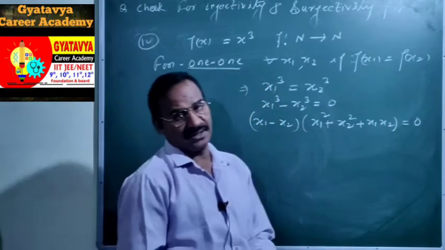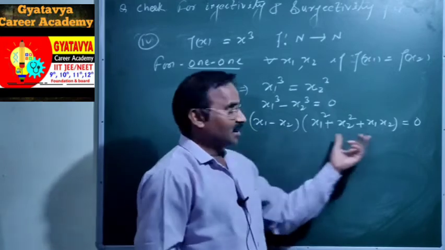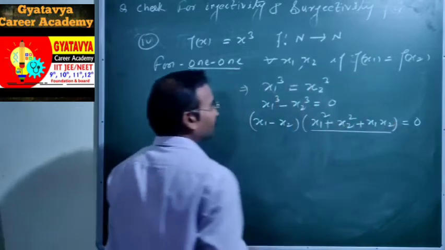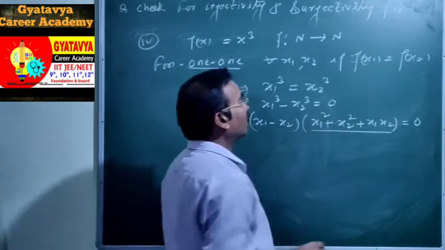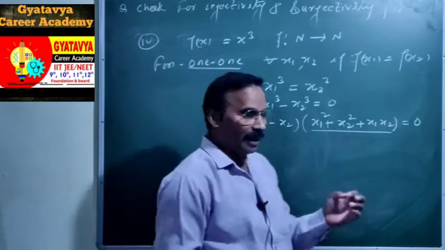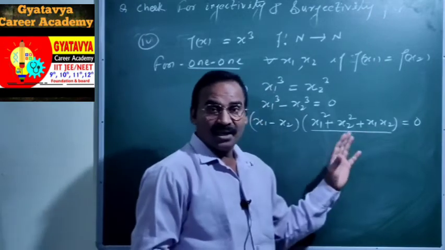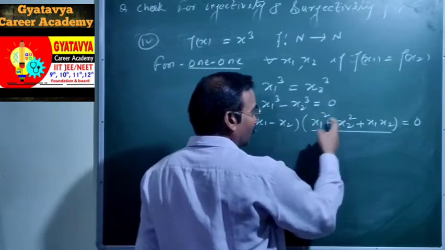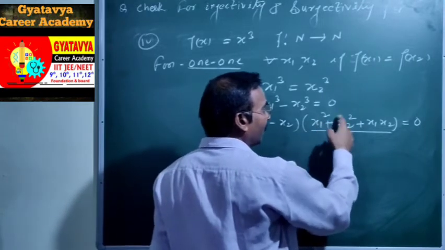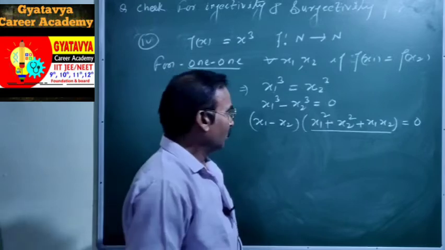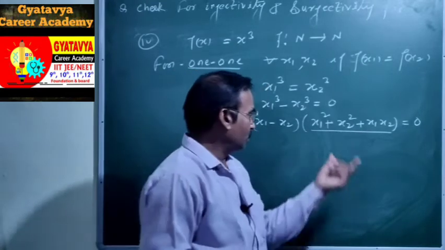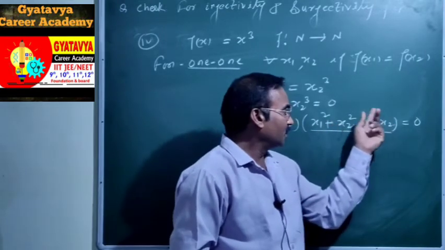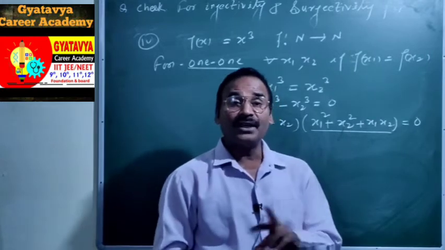Again the same situation here. Either this will be 0 or this will be 0. Let us consider this factor. Choose any value from the natural numbers. After putting them in this factor, is this factor 0? This is a squaring function, so it can never be negative. If we take negative and positive both, both squared terms will be positive, and x1 into x2 will be negative.